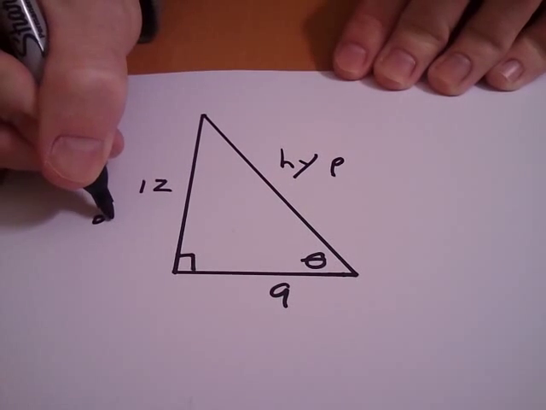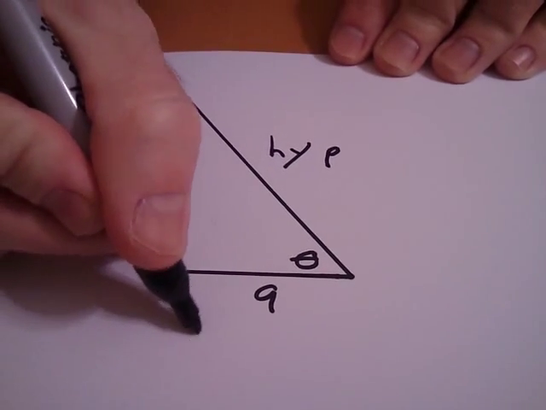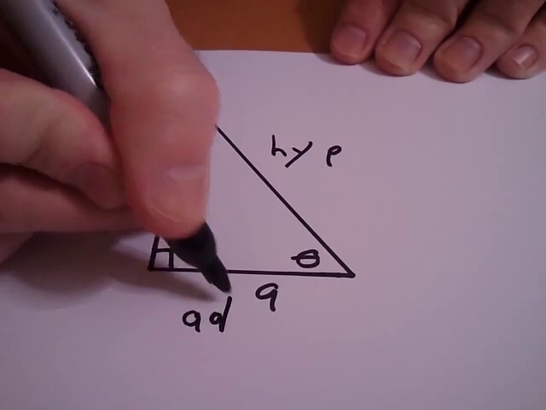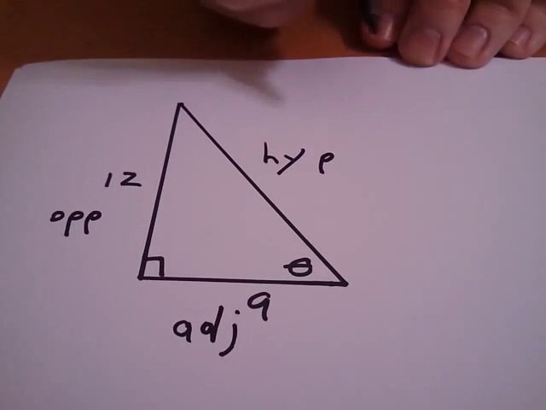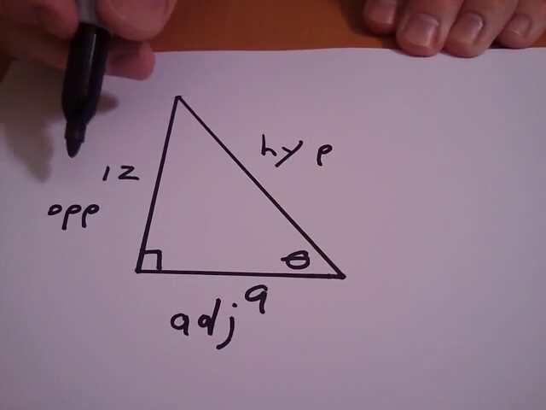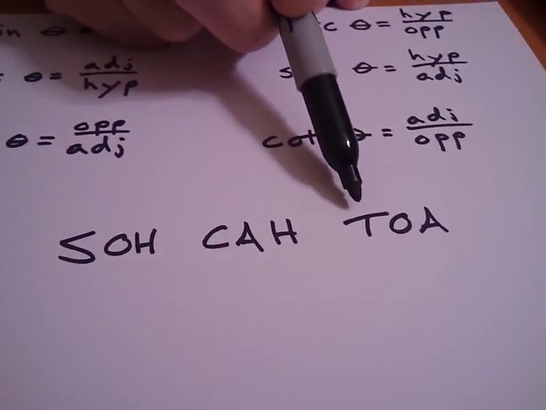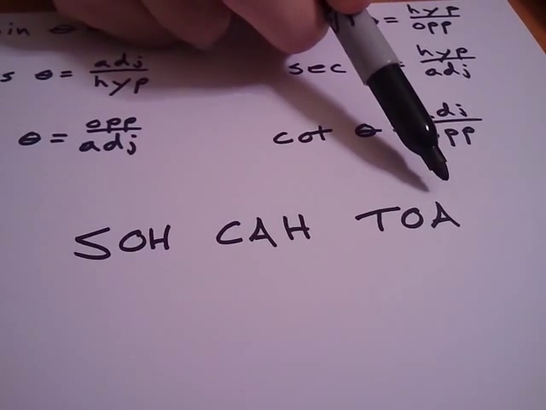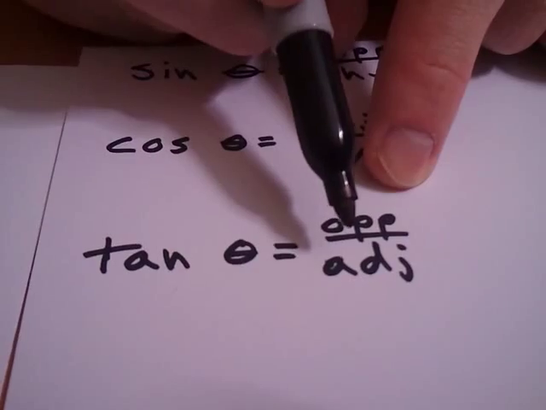So this is going to be the opposite. And then this will be our adjacent. We've got the opposite, we've got the adjacent. SOHCAHTOA. Tangent is opposite and adjacent. Tangent of theta is opposite over adjacent.